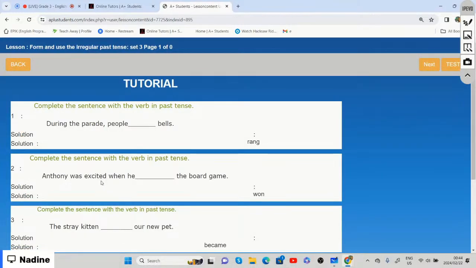All right. So now if we look at set three, so far we did set one and two of forming the irregular past tense. Now we're going to set three. It says during the parade, do we say people ring bells or people rang bells?